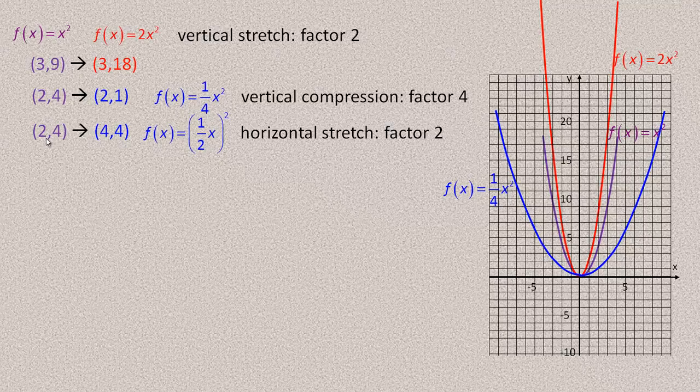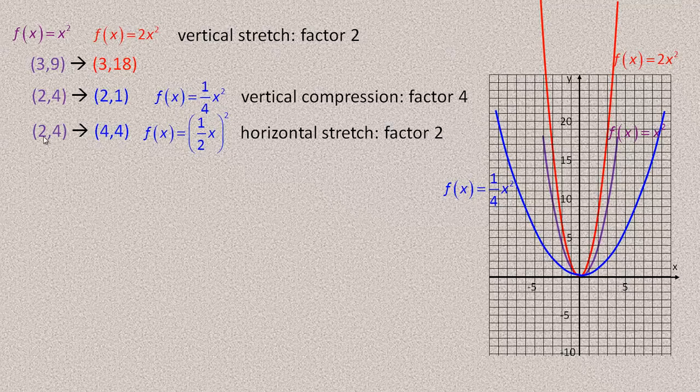So what do I need in the function here so that if I put this 4 in place of x, I'm still going to get that 4? So you see, I need the half here, because in the original function, if I square 2, I get 4. So in this horizontally stretched one, you see, if I put a 4 in place of x here, 4 multiplied by half is only 2.